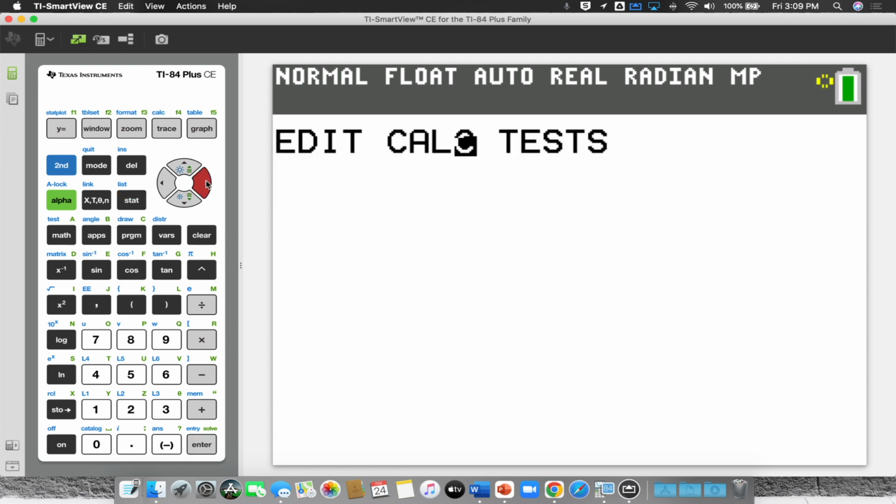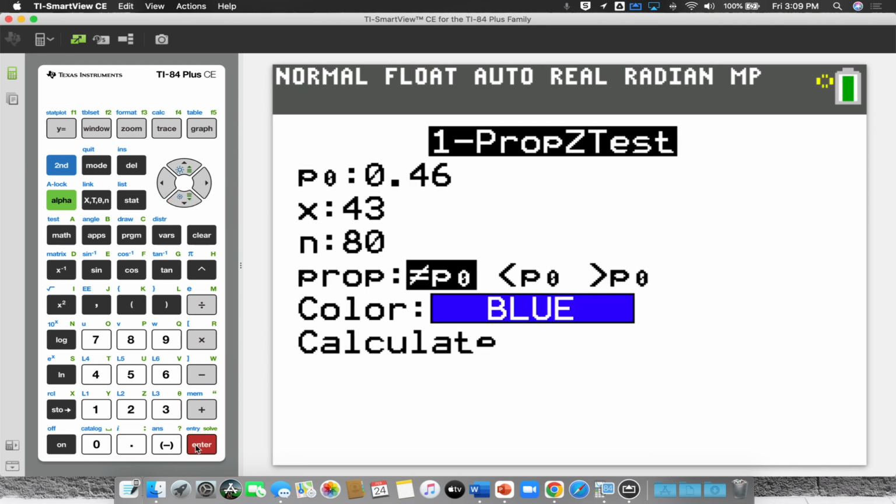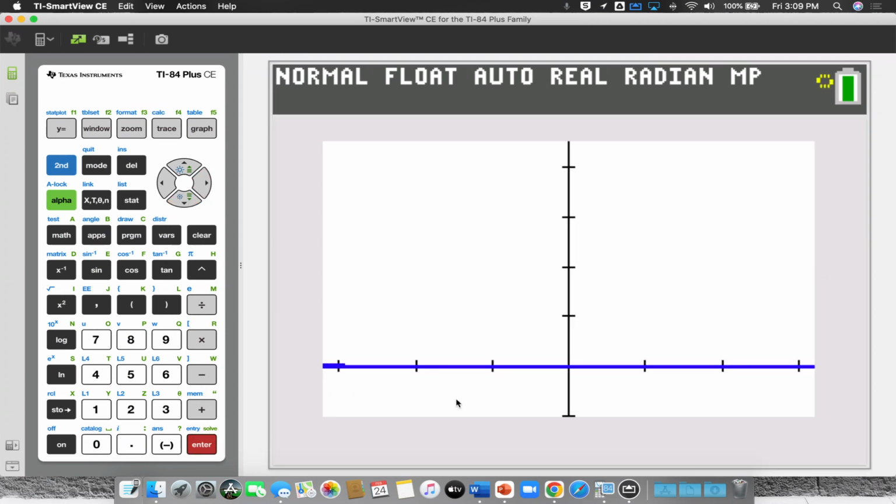Now, draw, I'll show you what that one is. Same numbers, same values. It's going to look very, very familiar.